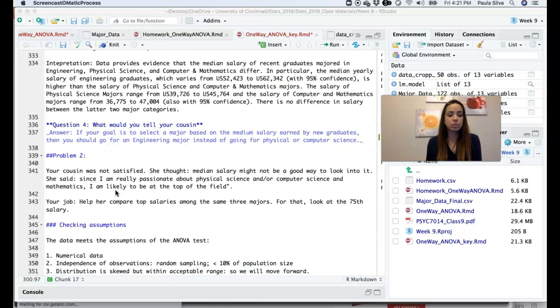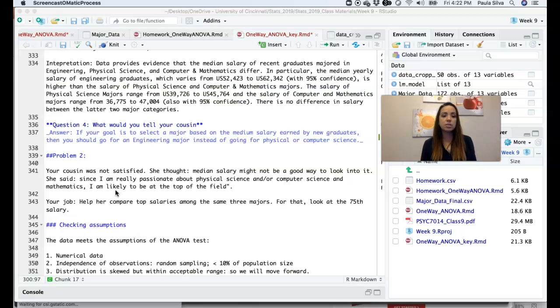And in interpretation, we say that data provides evidence that the median salary of recent graduates majored in engineering, physical science, and computer and mathematics differ. In particular, the median yearly salary of engineering graduates, which varies from 52,000 to 62,342 with 95% confidence, is higher than the salary of physical science majors and computer and mathematics majors.